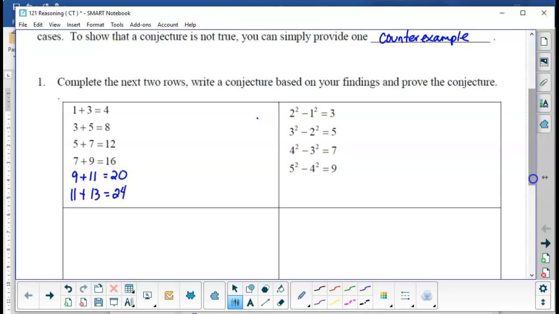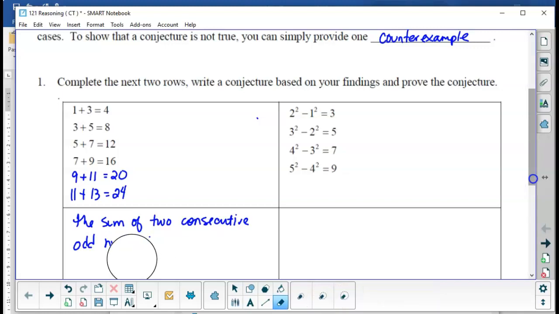Okay, so we're just going to fill in below here. So what are we adding here? We're finding the sum of two consecutive odd numbers. Okay, and in this case, they're not integers.